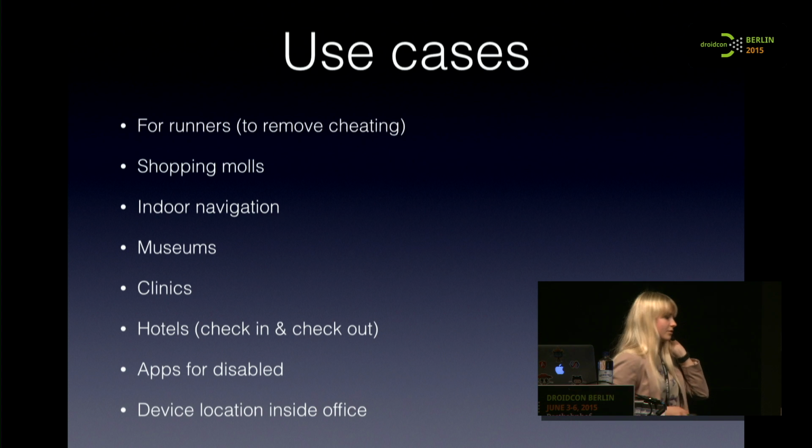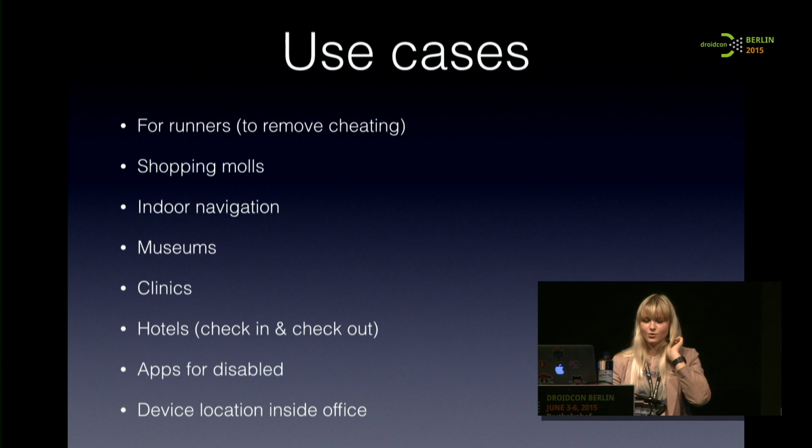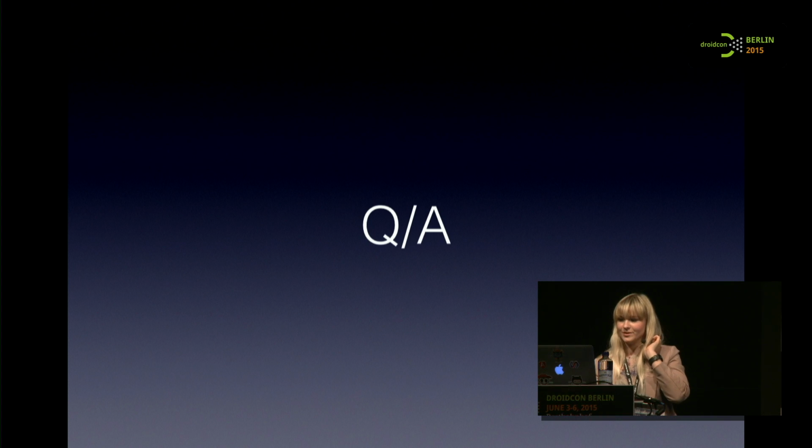And for device location inside an office, it was invented by our team. It indicates test devices inside the office, so you don't need to ask anyone. You can check the device location in the application. And that's all.